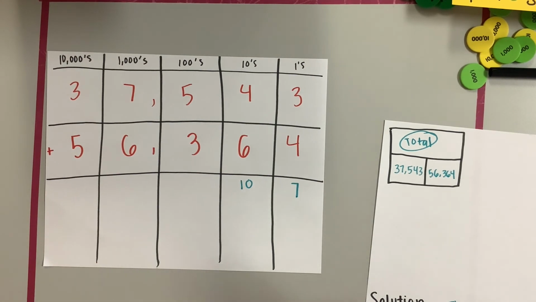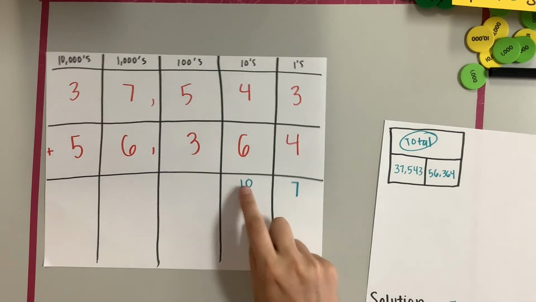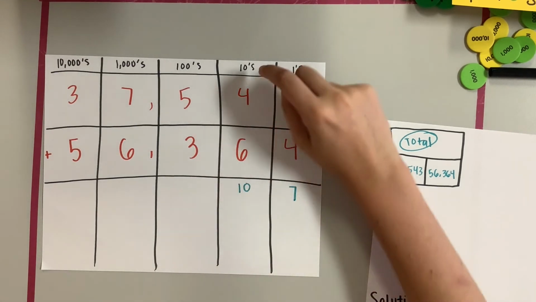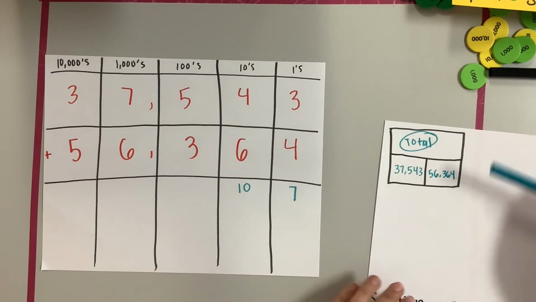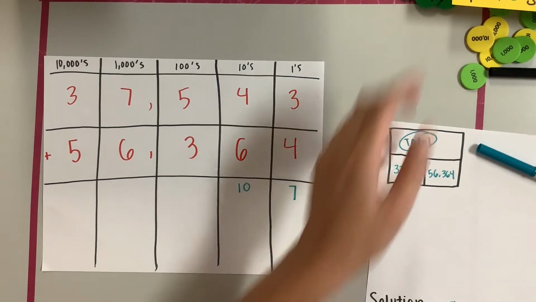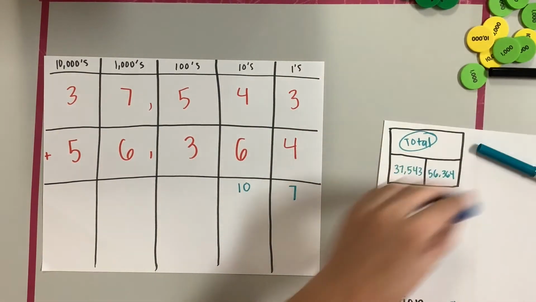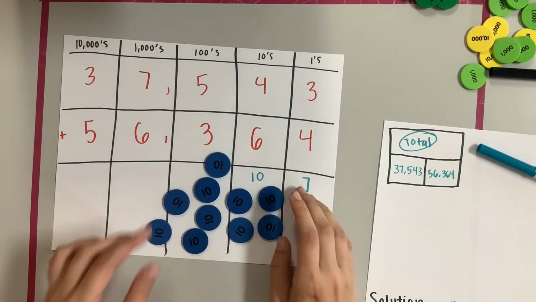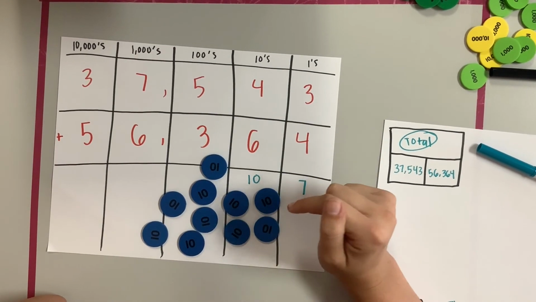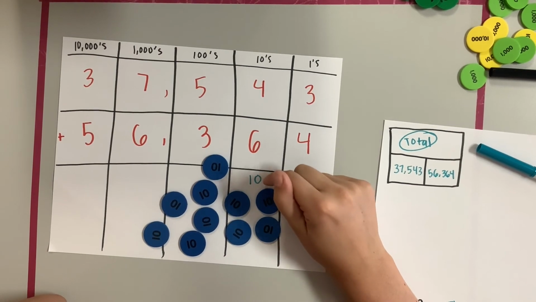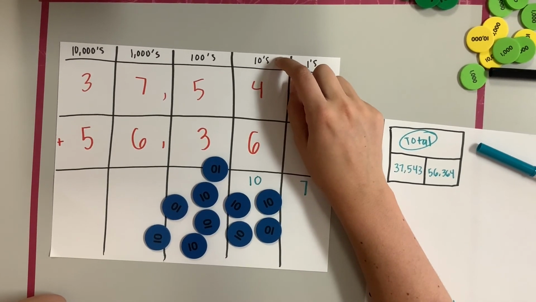Wait a minute. I can't have 2 digits in one place. I have 10 tens. Let's see. 6 tens plus 4 tens is 10 tens. I can't have 2 digits in the tens place.